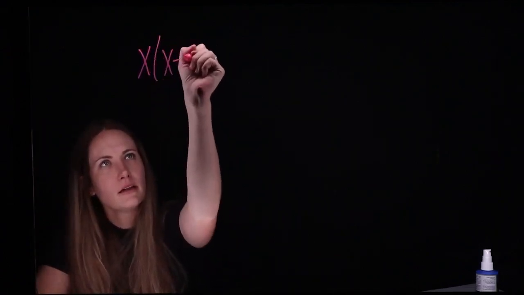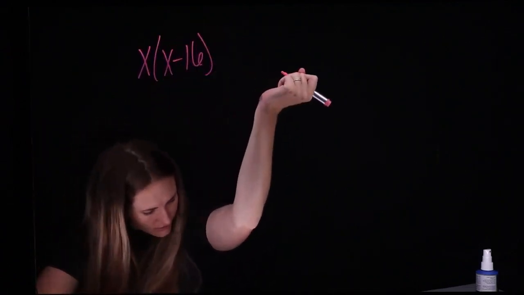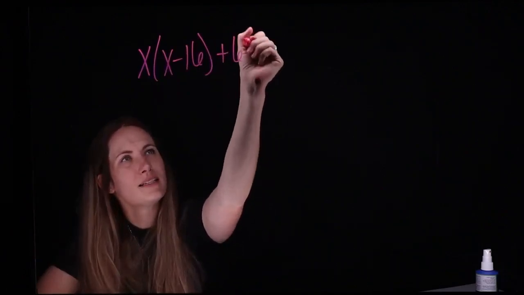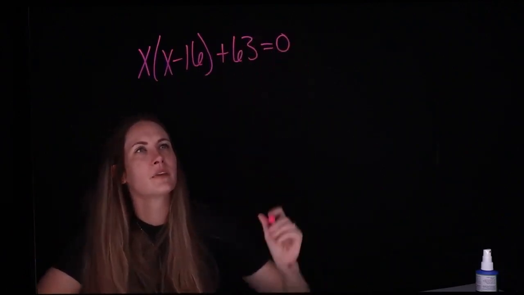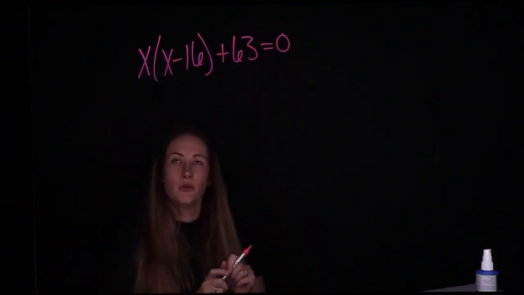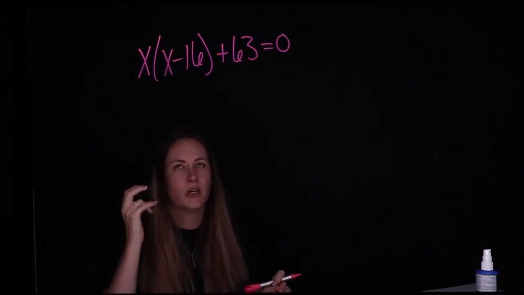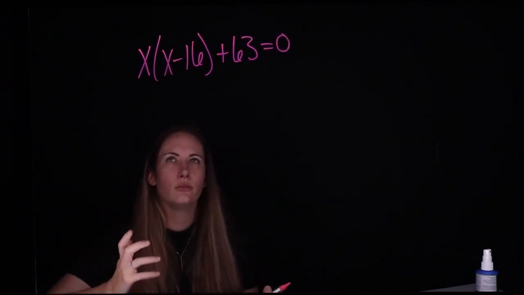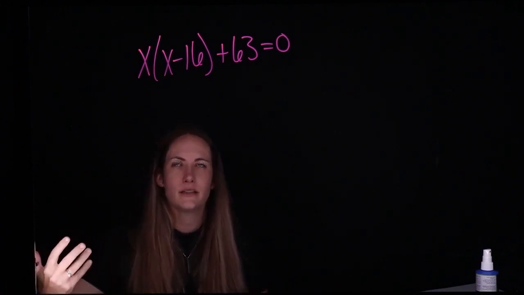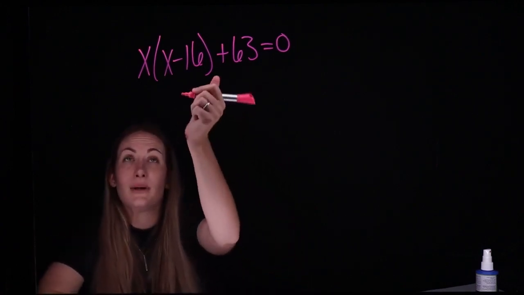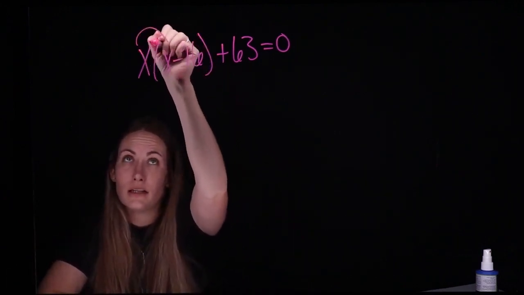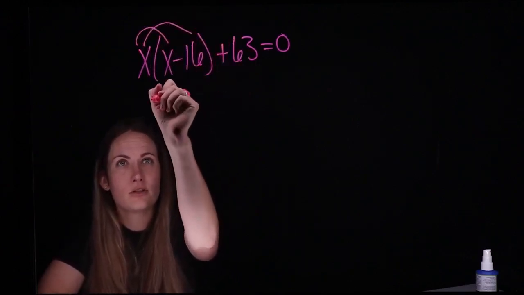Okay. Our next problem, x times the quantity x subtract 16, plus 63 equals 0. So the first thing we have to do when we have a problem like this is get it into the quadratic equation. Currently this one, we can't solve it because it's not distributed right. Or at least if we did solve it without distributing, it's going to have some extra steps.